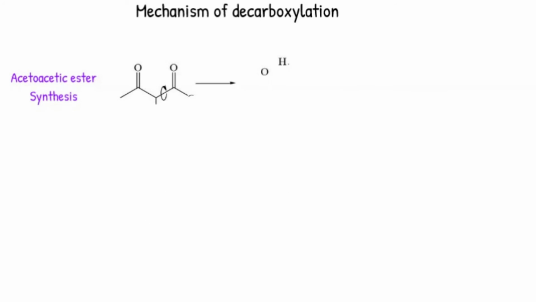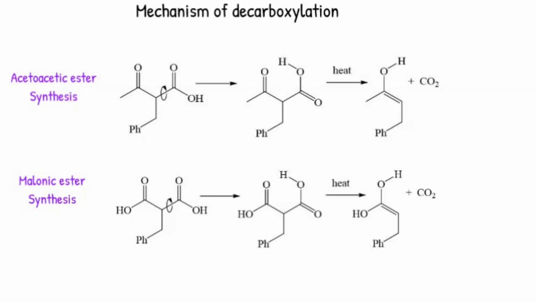This is the mechanism of decarboxylation in acetoacetic ester and malonic ester synthesis. Both mechanisms follow the same electron rearrangement. First, to set this molecule up for an easy-to-visualize mechanism, twist the bond between the alpha carbon, blue dot, and the carbonyl carbon, red dot, of the carboxylic acid so the carbonyl oxygen is pointing down and away to the right, as shown in this example.